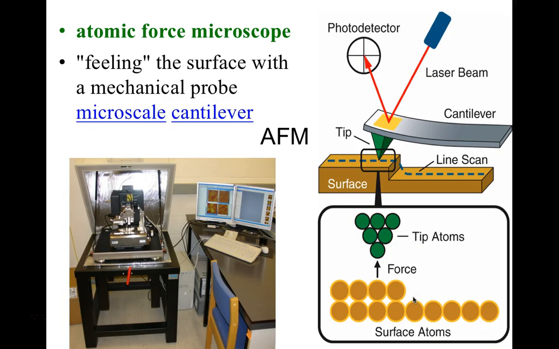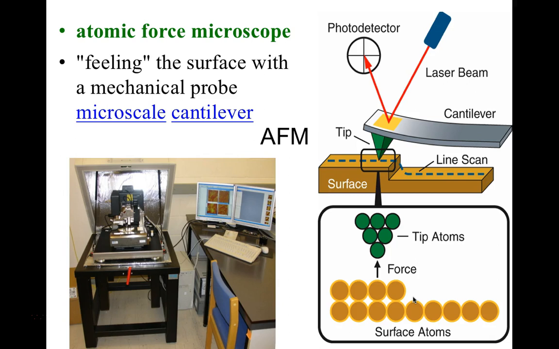A third category of microscopes that we often forget to mention to students are the scanning tunneling and atomic force microscopes. With the atomic force microscopes, we're not using visible white light and we're not using electrons.